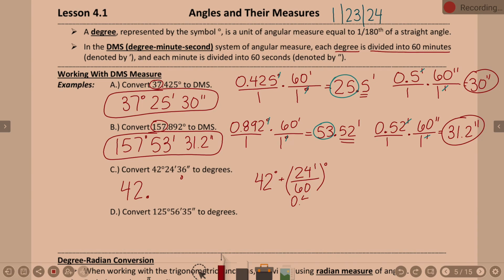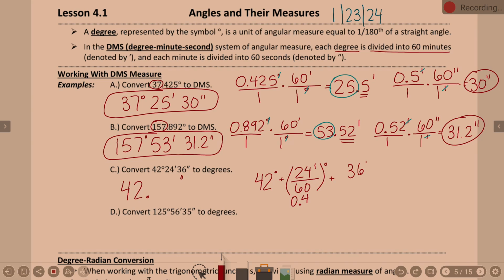So what do I have for my answer right now? So far, if we stopped right here, we'd be at 42.4. What else do we have to do? 36.